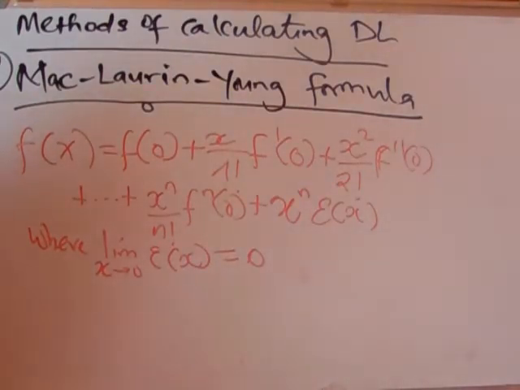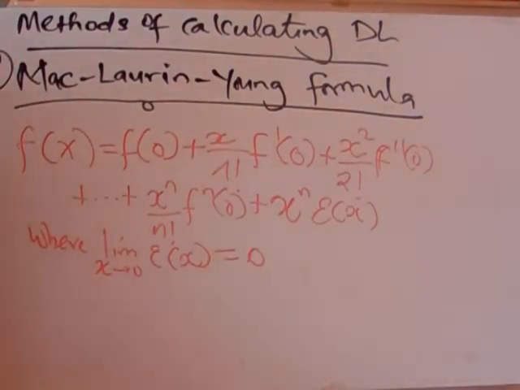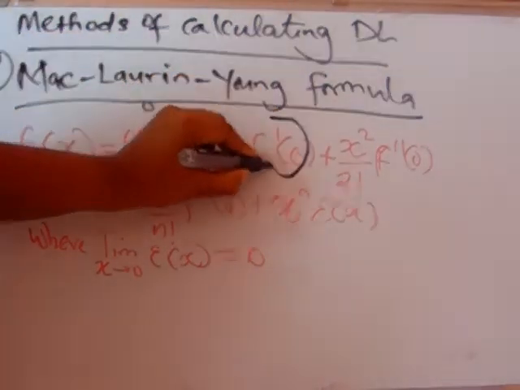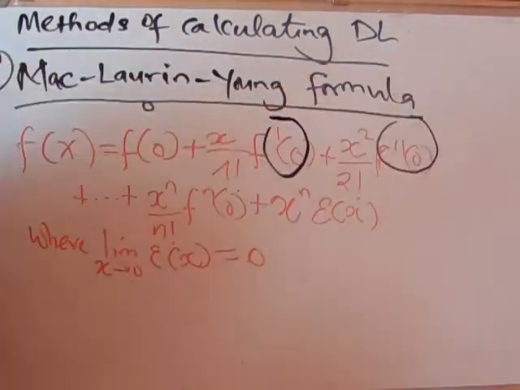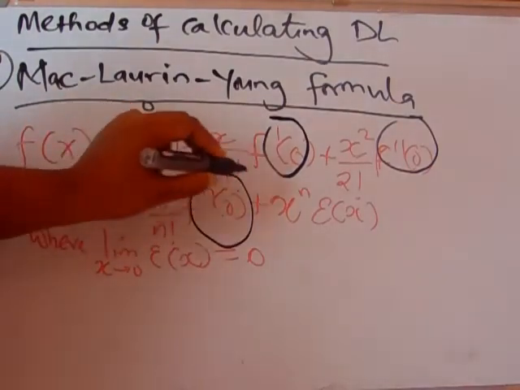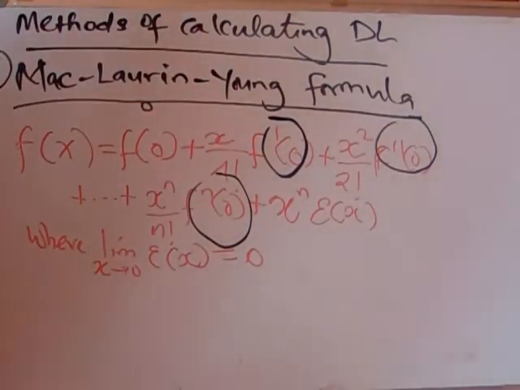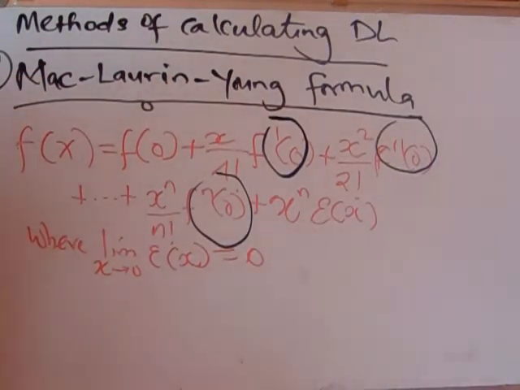In this case, you notice that we have f prime of 0 up to f n of 0. The aim of this particular one is that we have to keep deriving the function up to the order that we are given, and then we apply it to the formula.